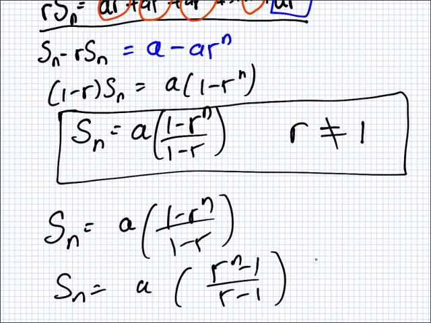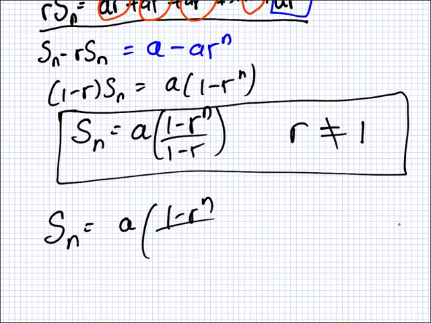I don't know why books have the second formula in it, because it's the same as the first one. All that you've done is multiply the top and bottom by minus 1. I think the books usually say you use this when r is less than 1, and this one when r is more than 1. I don't know, it's completely unnecessary. Everything is contained in just the one formula. It's enough for me to write this and just say r is not 1. It could be anything else.